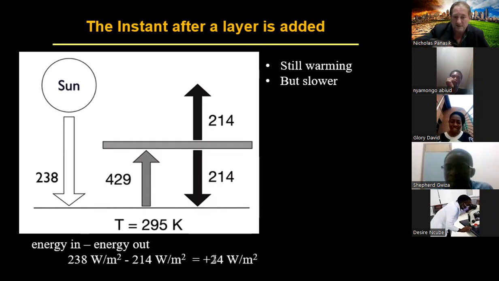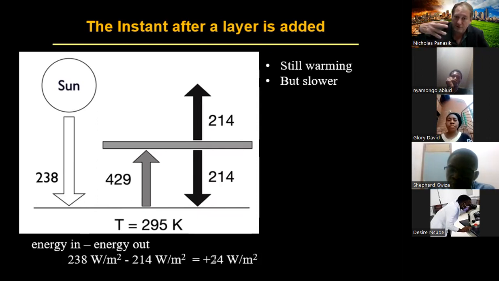So you can kind of see where this is heading. When we first started and the planet was only at 255, we were accumulating energy at 119 watts per meter squared, and that was causing the planet to warm.